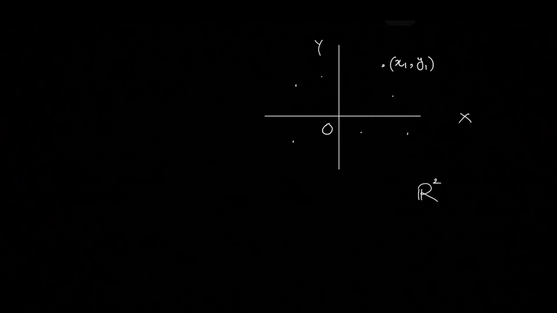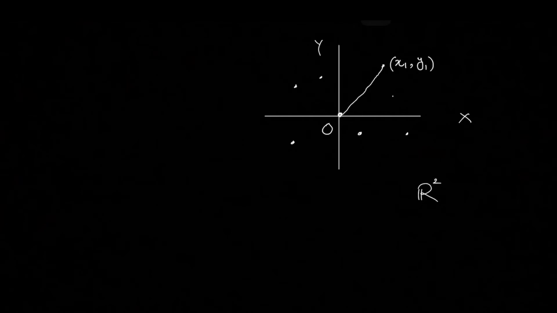Because we can take that point as the terminal point and the origin as the initial point. Now join them. If you find the vector components, you get x1 minus 0, y1 minus 0, so ultimately the vector components are x1, y1. So we say that these points are vectors.